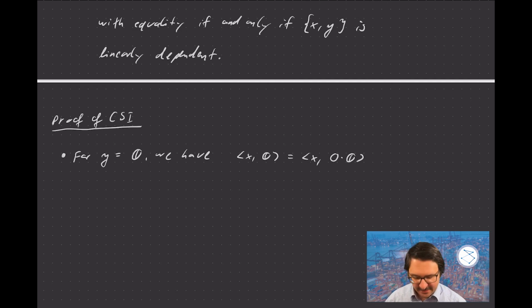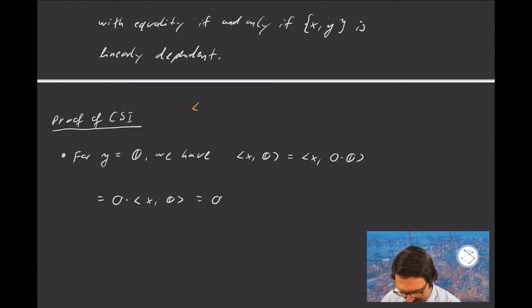And by bilinearity, we can take that 0 out. So that's the same thing as 0 times that scalar product here. And of course, 0 times any real number is always 0. So the left-hand side of that inequality is 0.